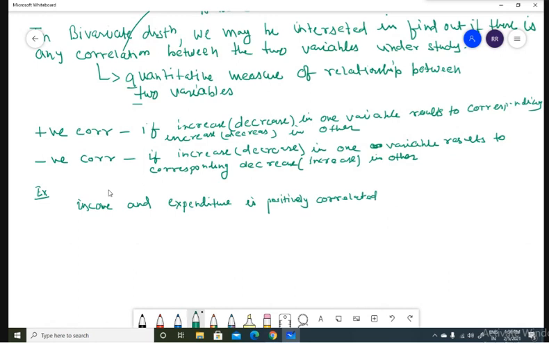Volume and pressure of a perfect gas are negatively correlated.